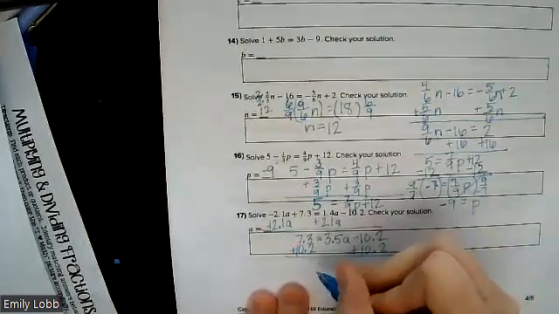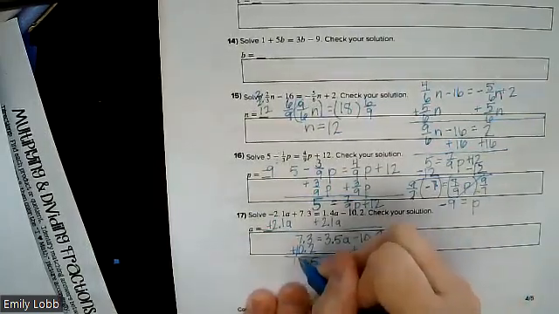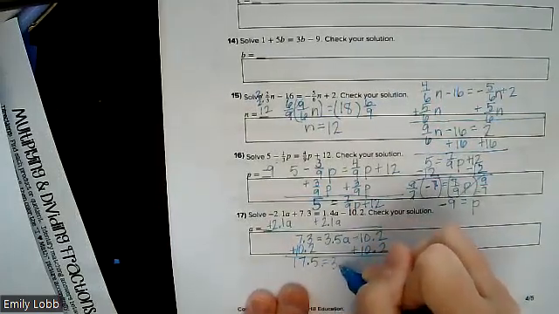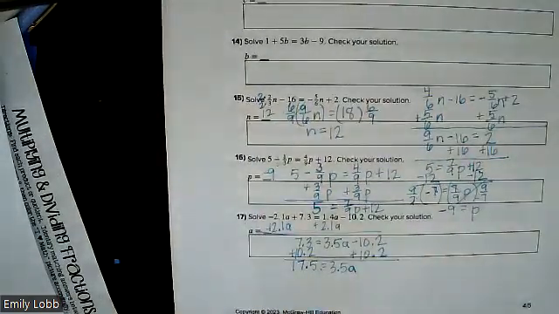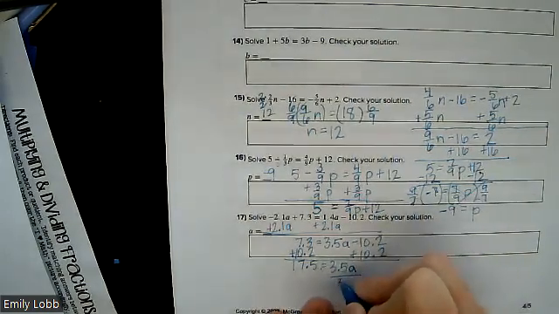So now I have 17 5/10 on the left is equal to 3 5/10 a. So now I have a one-step equation. When I have a number next to a letter, that denotes that we're multiplying. So to undo that, I would have to divide.